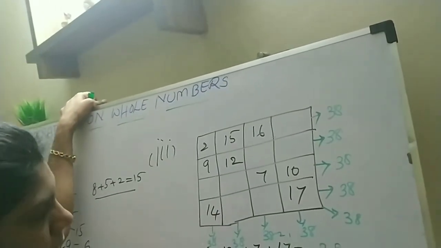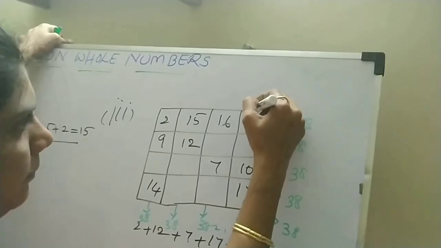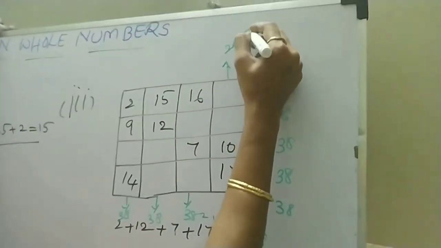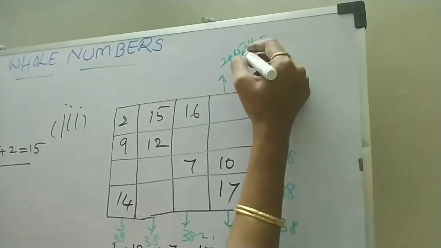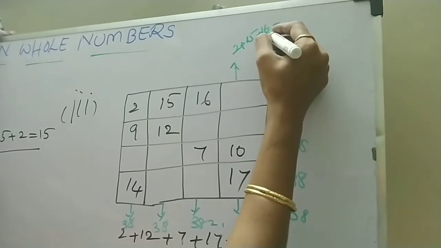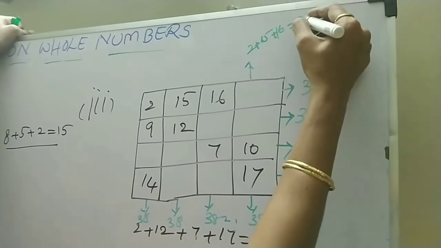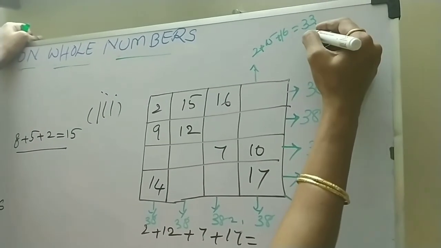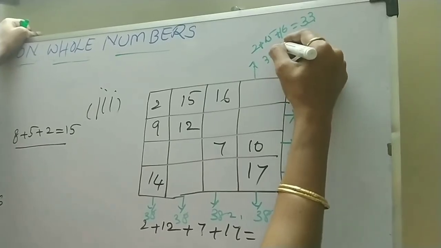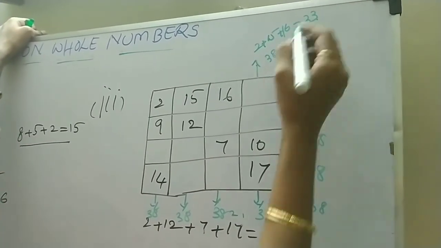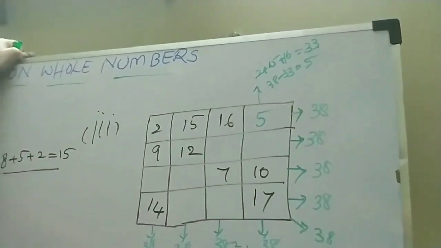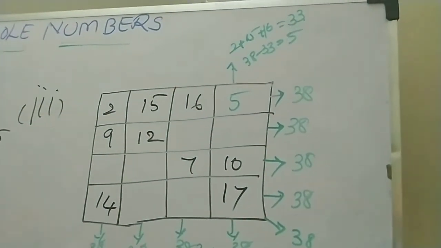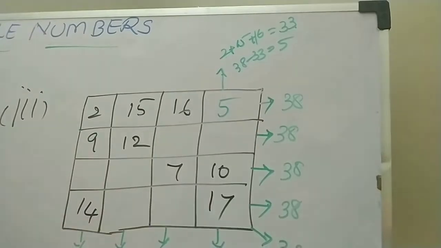See, for the first line I am doing 2 plus 15 plus 16. How much here? 15 plus 16, 31 plus 2, 33. So the sum must be 38. So 38 minus 33, you are getting 5. You fill this one.